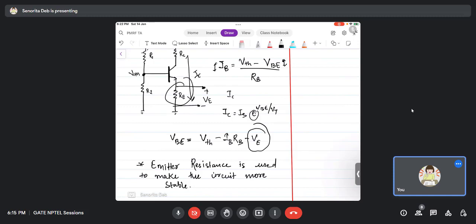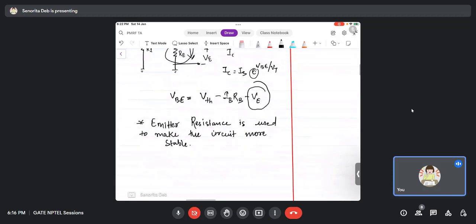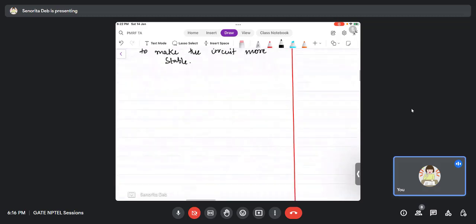Okay. So now with this background, let us quickly write. I have already written the equation, but I will again write it. Your VE will be nothing but the power that is dissipated.